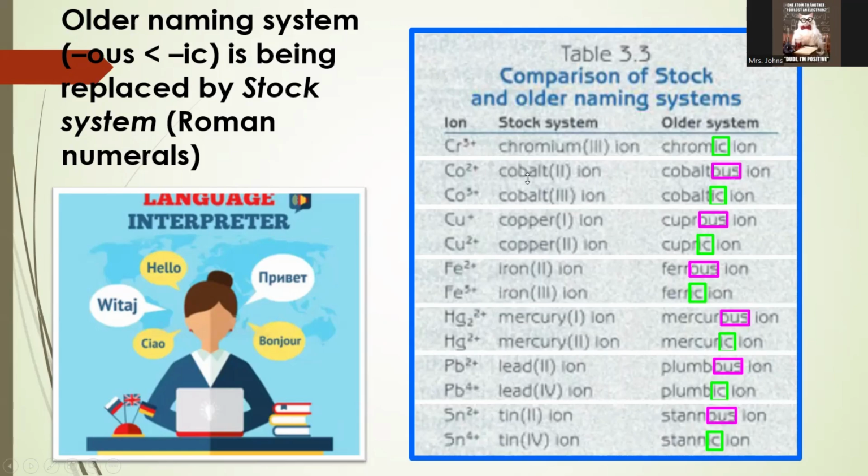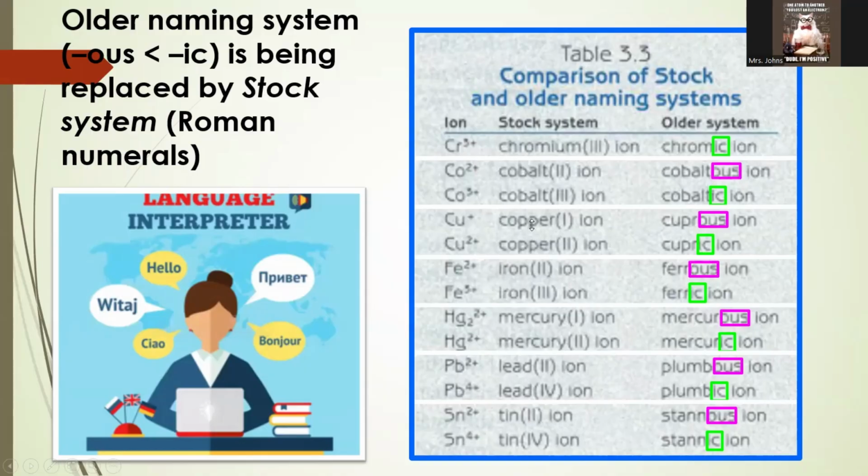Cobalt can make a 2+ or a 3+ ion. So the smaller of the two, they used to put the OUS ending on it. So it was cobaltous ion. And then the one that was larger, they put an IC ending on the word. So cobaltic ion and cobaltous ion.